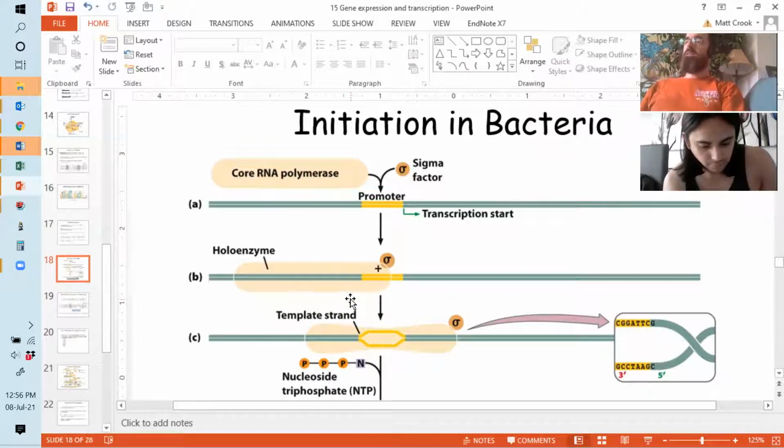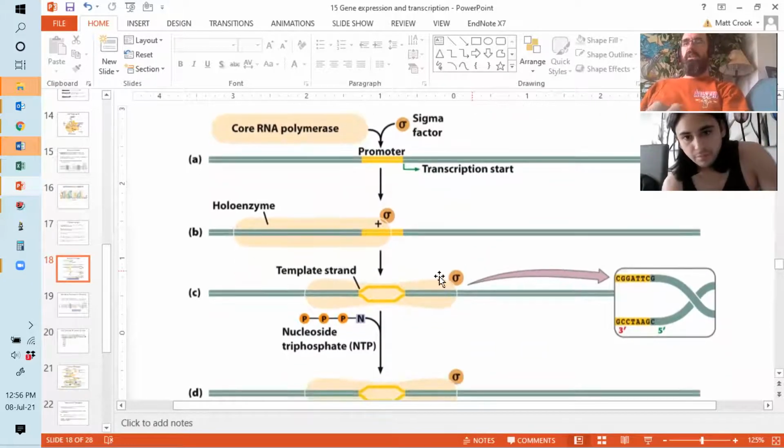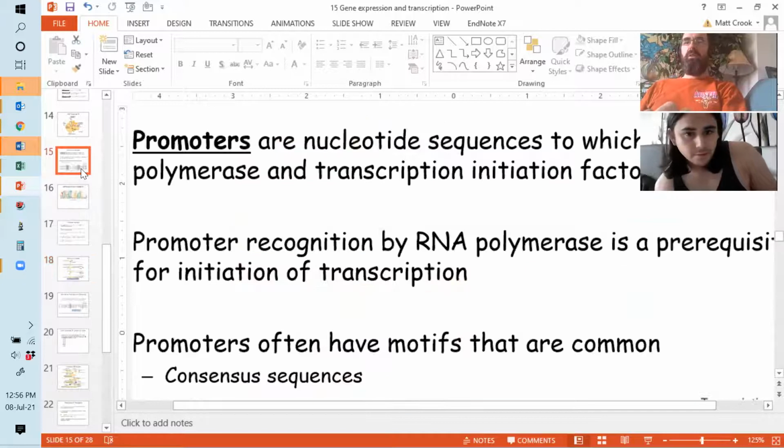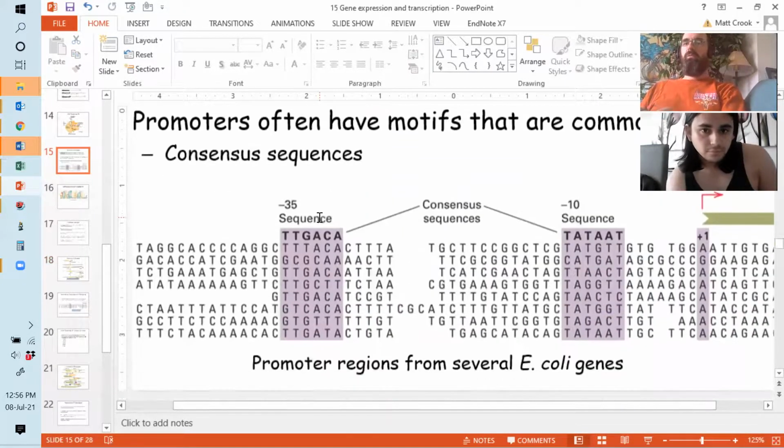RNA polymerase binds to the promoter using particularly the -35 sequence. And once it does, it stays complexed, and it pops open the template strand, right? So I don't know if you remember me talking earlier about T's and A's having fewer hydrogen bonds, right?